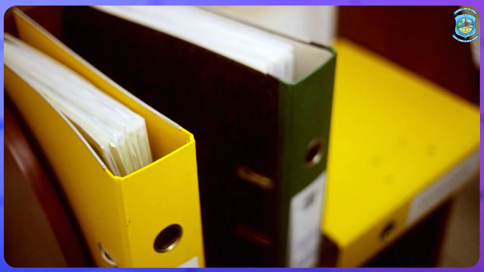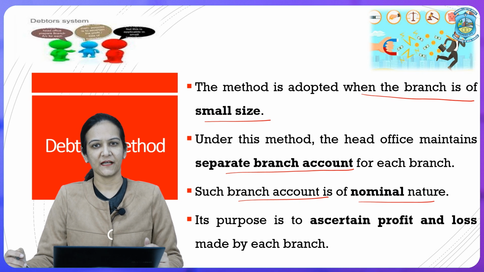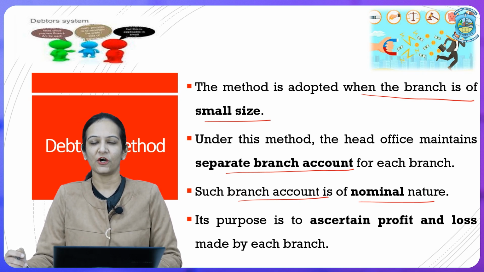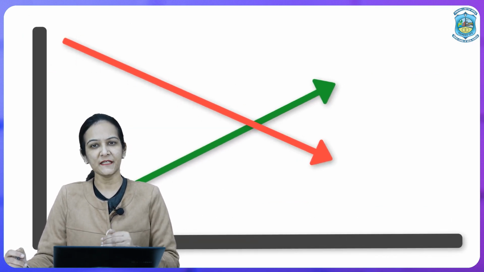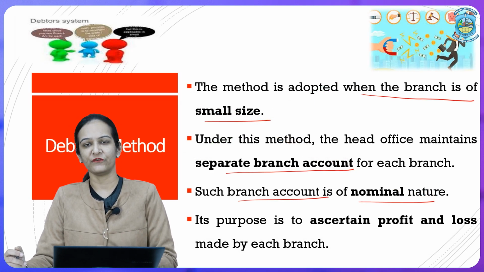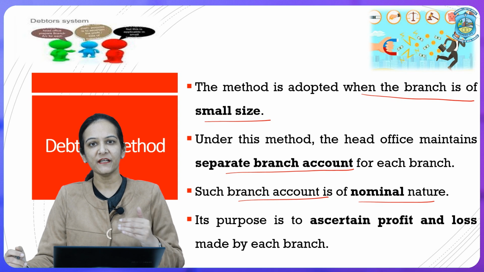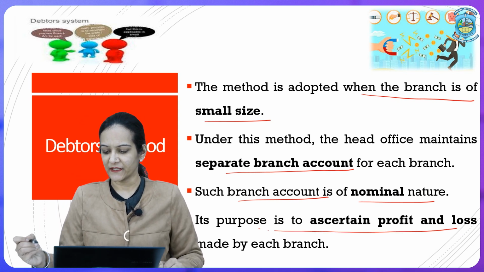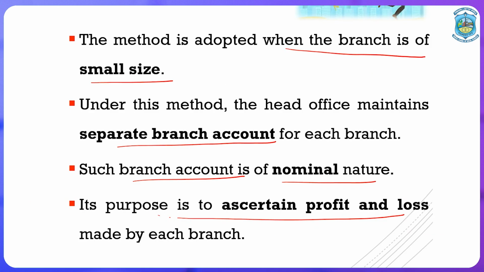All the expenses are recorded on the debit side and all the incomes on the credit side. This helps to ascertain the net profit or net loss generated by every individual branch, so that the loss making units can be revived and the profit making units can be further enhanced.